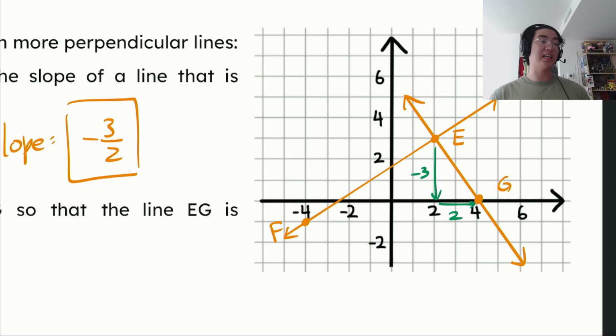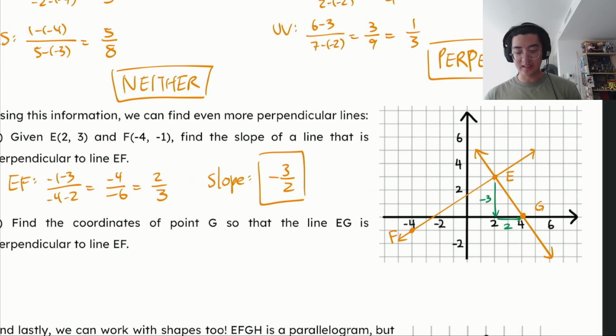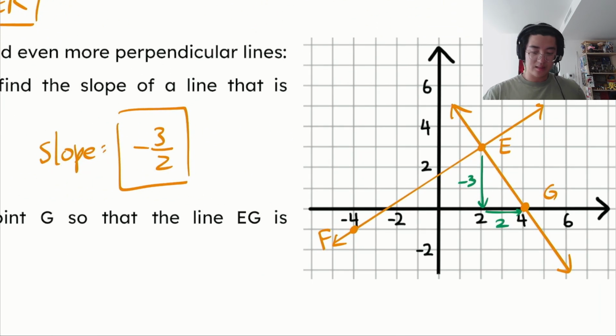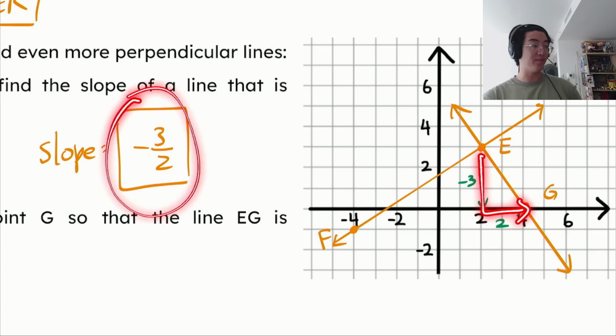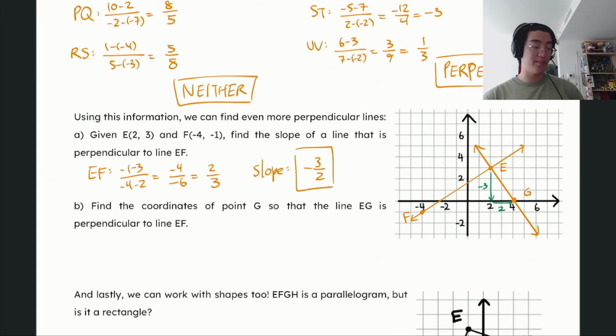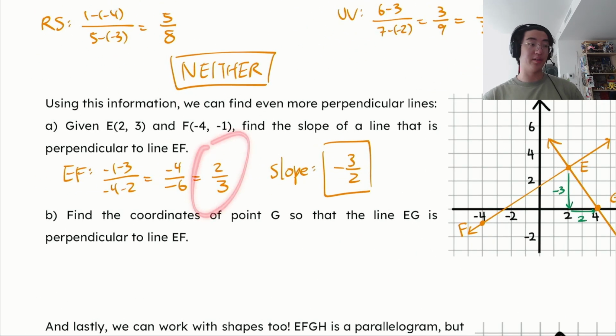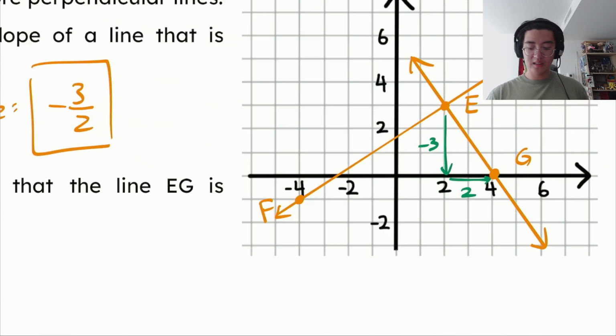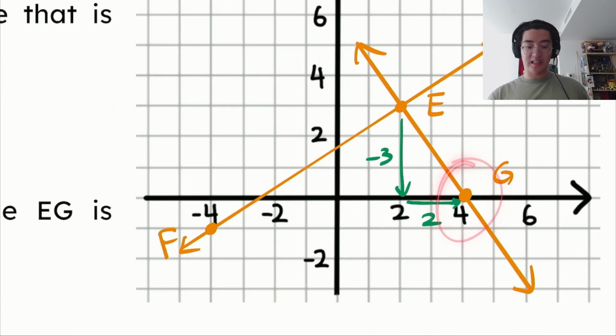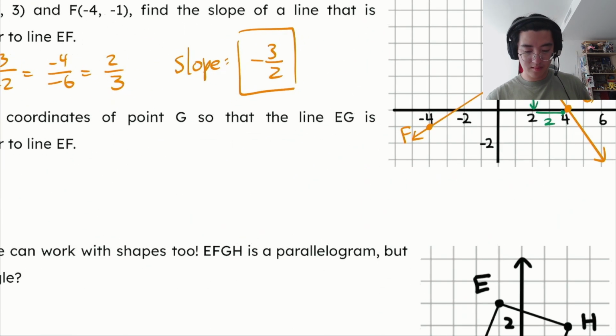Of course it looks perpendicular here, but we don't know for sure. But we know for sure because from E to G, we have the slope of -3 over 2, which is perpendicular to the line EF, which is 2 over 3. So this point G here is at (4, 0).